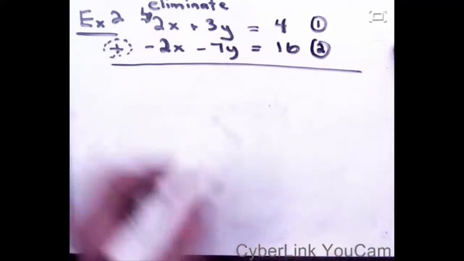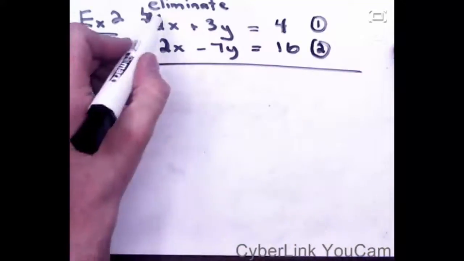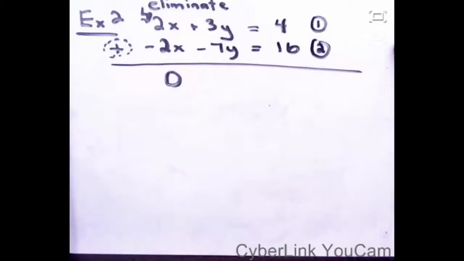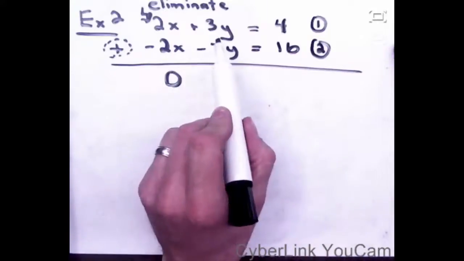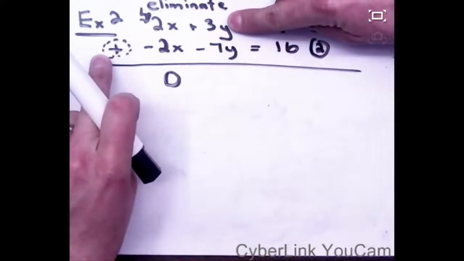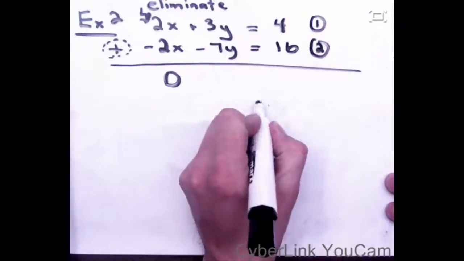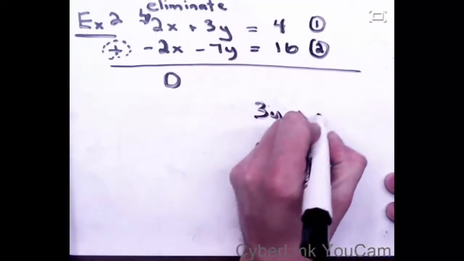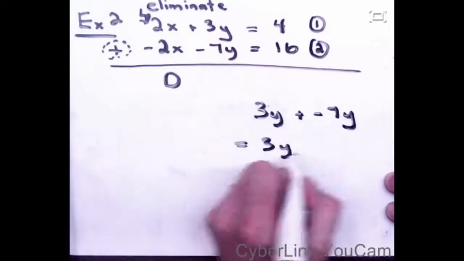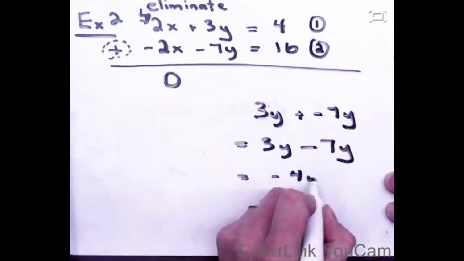Okay, and here's what you'll do. 2x plus minus 2x. You think to yourself, that's 2x, subtract 2x, 0. Okay? Be careful here, because now you've got to do your y's. Okay? 3y plus minus 7y. So in your head, you should see 3y plus minus 7y, which you should realize is 3y minus 7y, and you're going to get minus 4y.